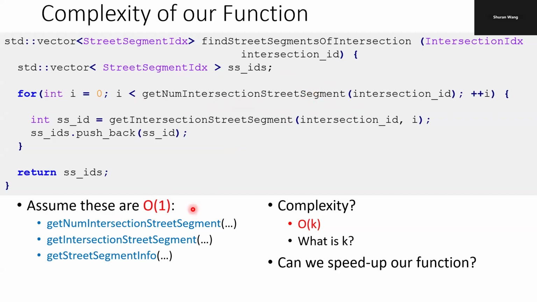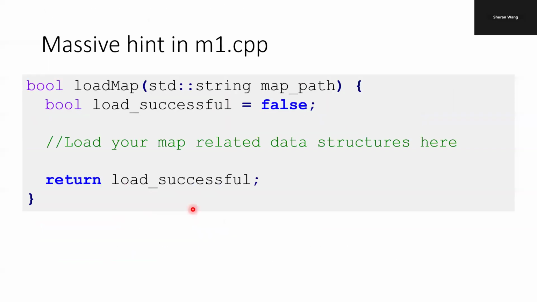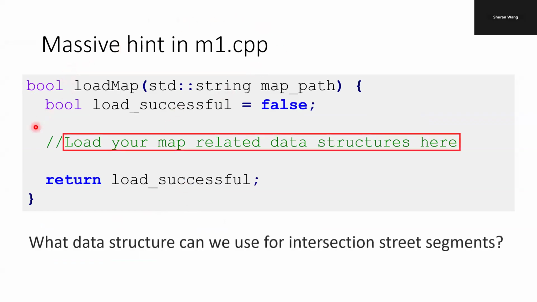Can we speed up our function? In M1.cpp in load map, you have this comment here, which is a massive hint: load your map related data structures here. Because load map is called whenever you start your map, here is where you do the data processing.